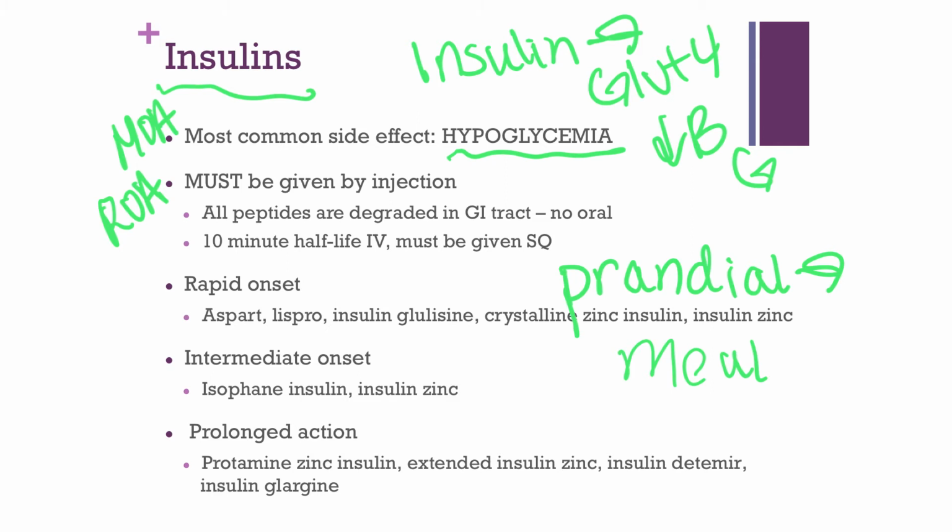And you will hear the term prandial or postprandial control and use of insulin. So prandial means that it is associated with a meal. Are we going to eat right away? Are we preparing to eat?